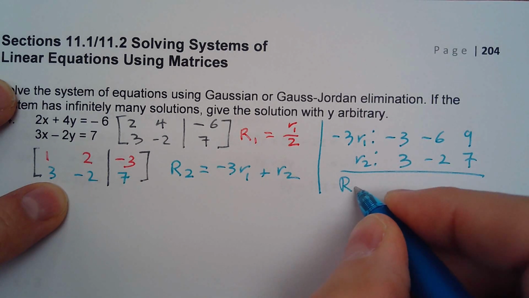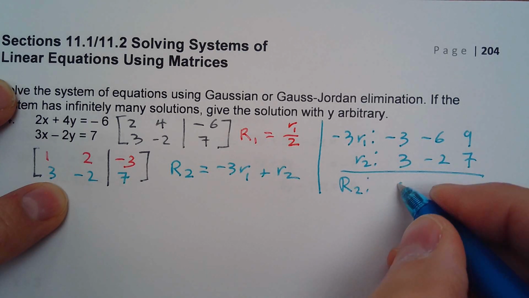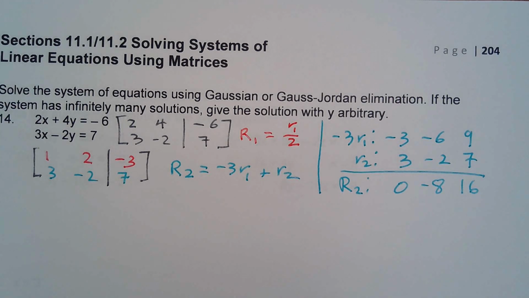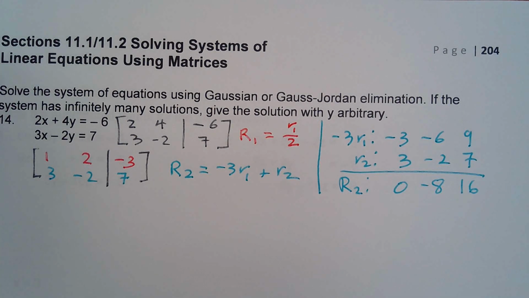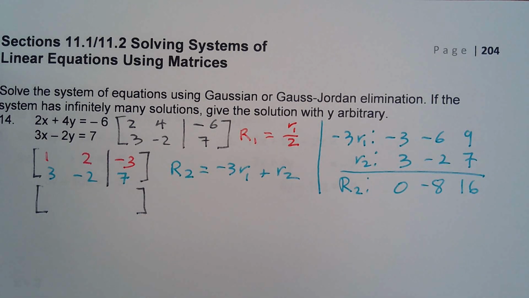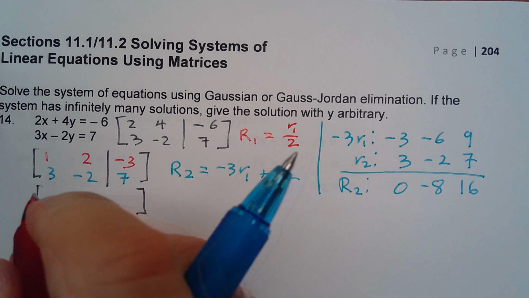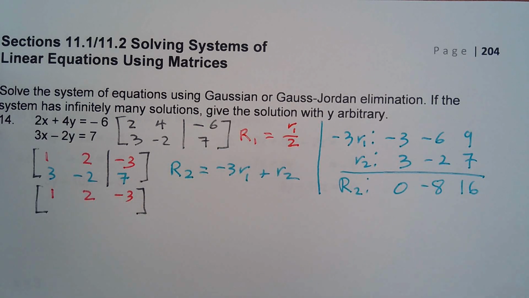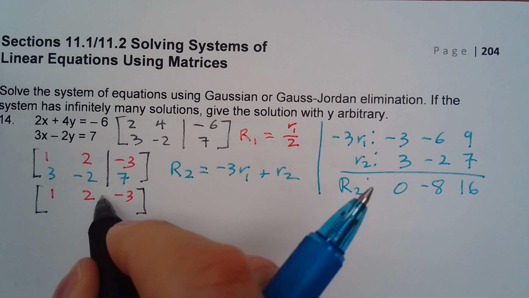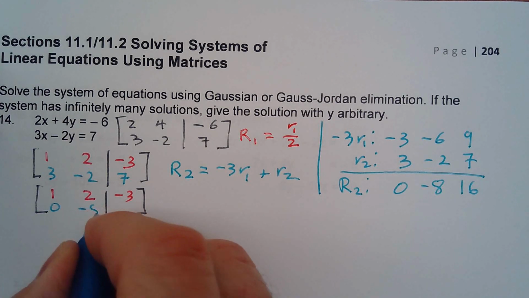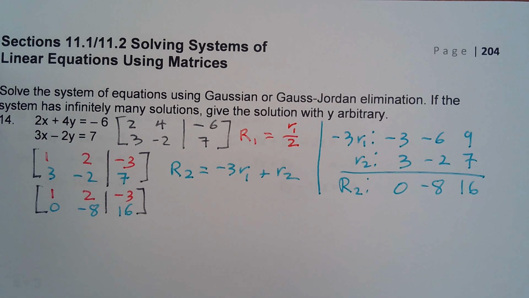That gives me my new row 2: 0, negative 8, 16. So the first row is still the same, that just comes down, but now I'm going to replace that second row with 0, -8, and 16.